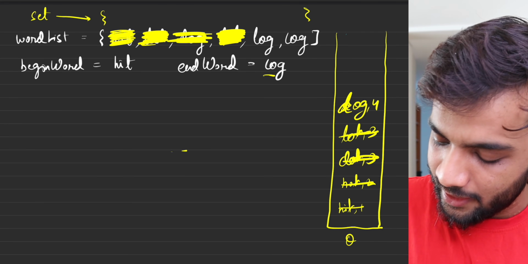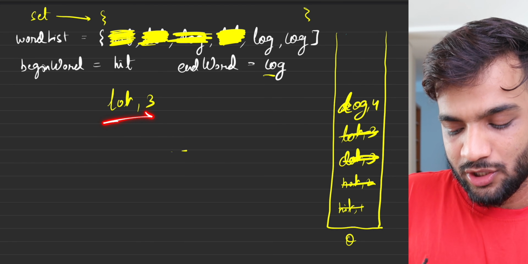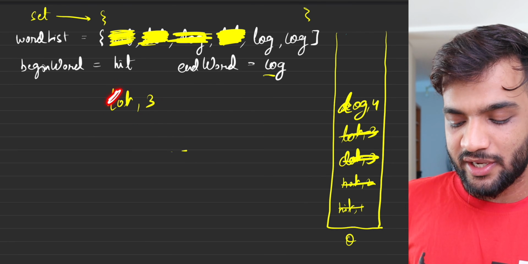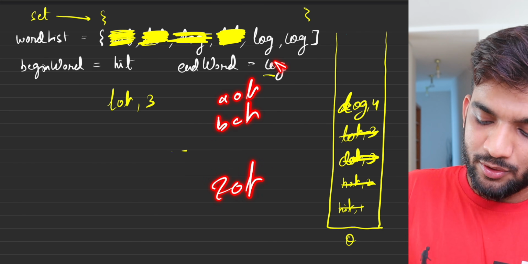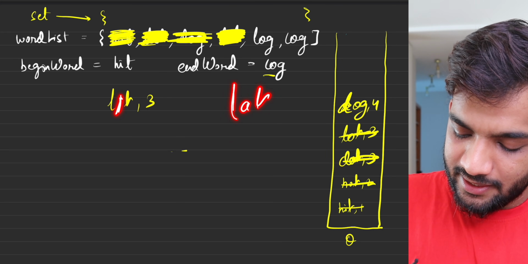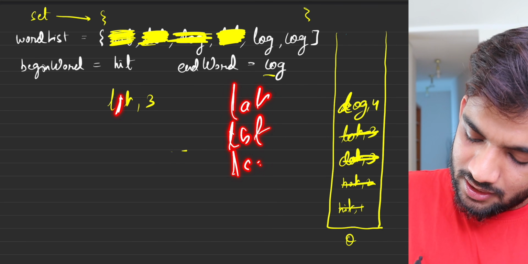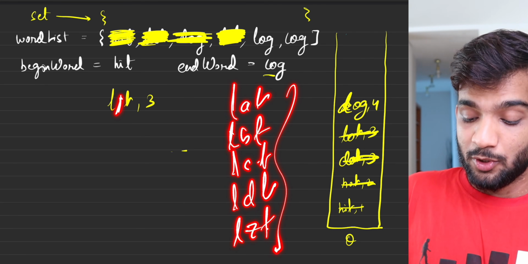Next, take LOT3 outside. Let's see. What can we make LOT3? Let's try to change L. AOT, BOT, since ZOT. Nothing possible. Let's try to change O. LAT, LBT, LCT, LDT, so on till LZT. Nothing is possible.